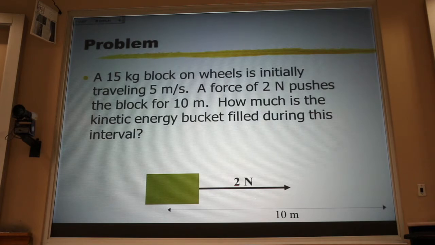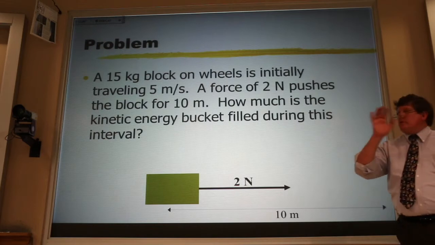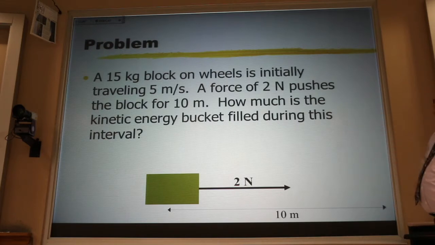And so the friction is negligible. So this little block is initially traveling at 5 meters per second. And then we push on it in the direction it's going for 10 meters. And we want to know how much did we fill up that kinetic energy bucket? How much did we change the kinetic energy?